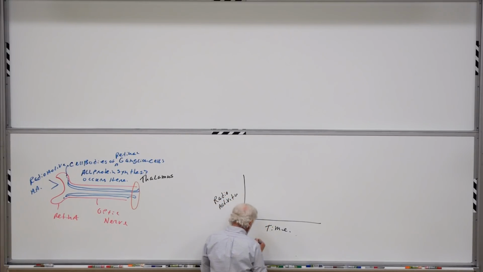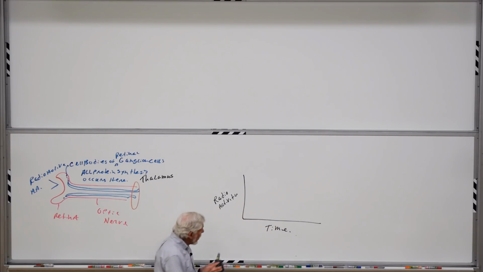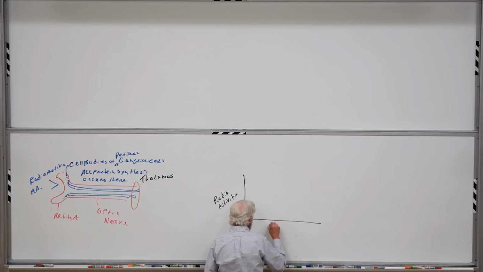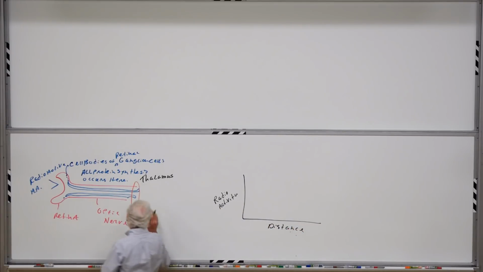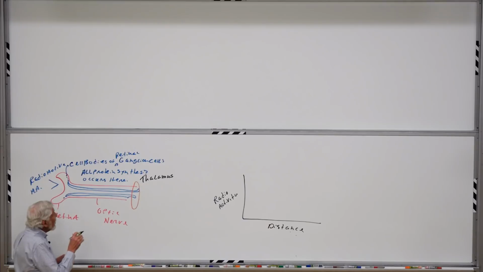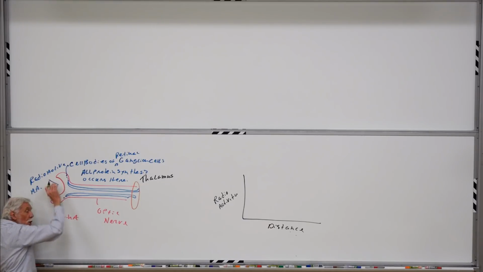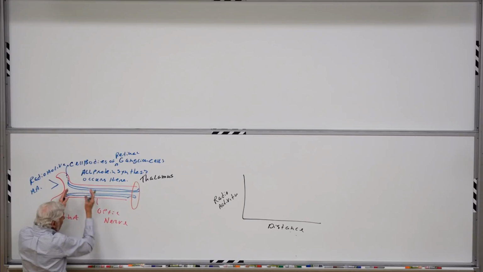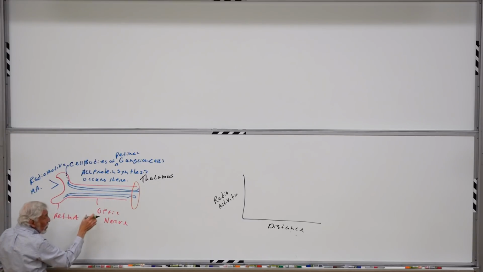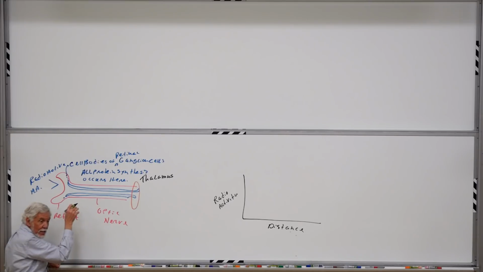In fact, let me change that from time and make this a little clearer. So they could plot distance versus radioactivity. And what they could do then is they could inject the radioactive amino acids, wait variable amounts of time, kill the animal, and then dissect out pieces of the optic nerve and ask, where's the radioactivity?